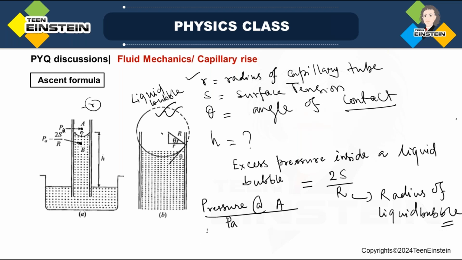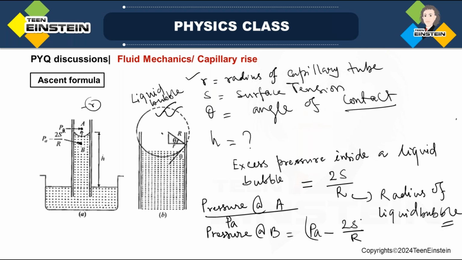Then pressure at point B will be PA minus this excess pressure, 2S by R.